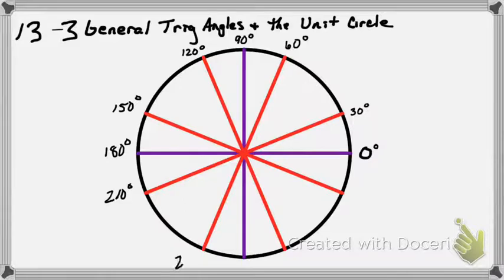Down here, 240. 270. 300. 330. And then the second blank at the end, how many degrees are in a circle? 360. So the second blank on that purple one on the right is 360 degrees.